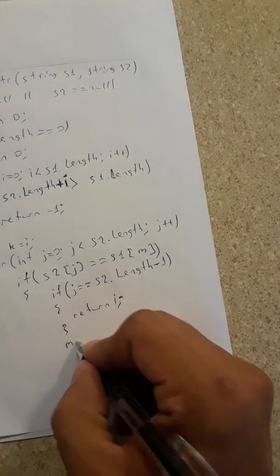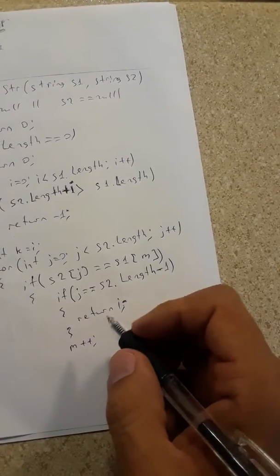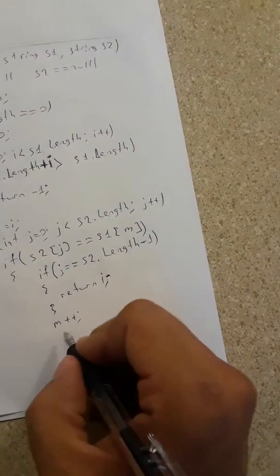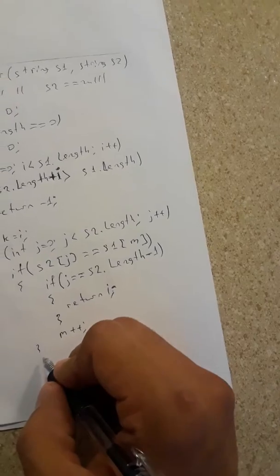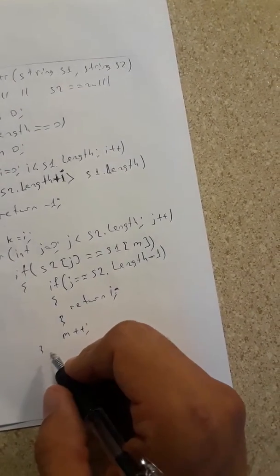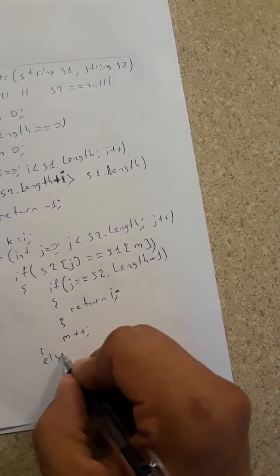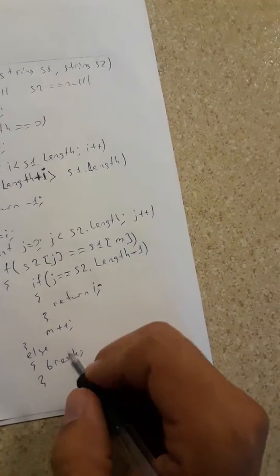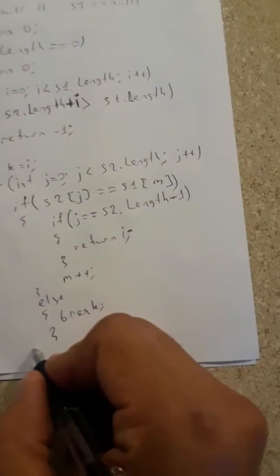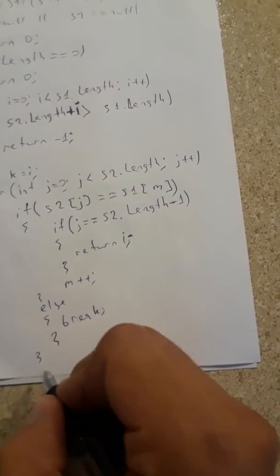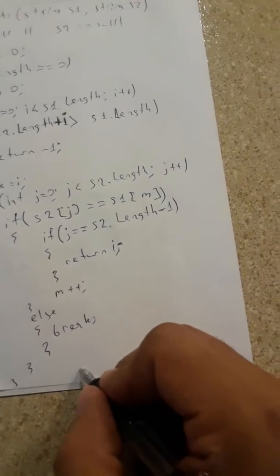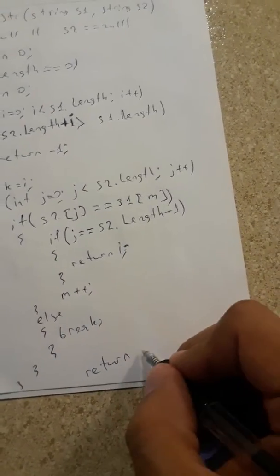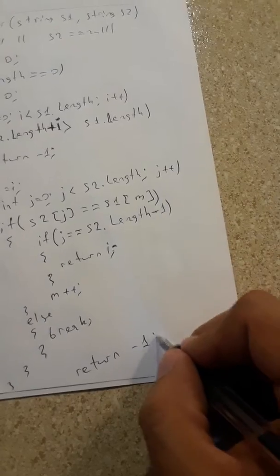we were able to find the appearance of the second string within the first string. Until that, we'll keep incrementing our m variable, and if not, we'll just break our for loop. And at this point we'll return -1.